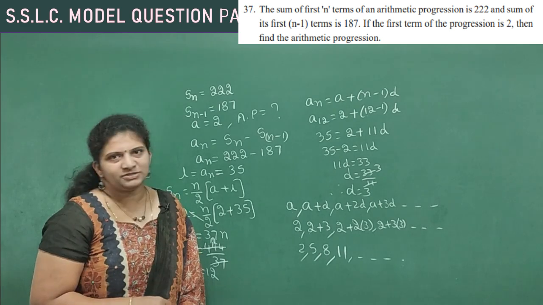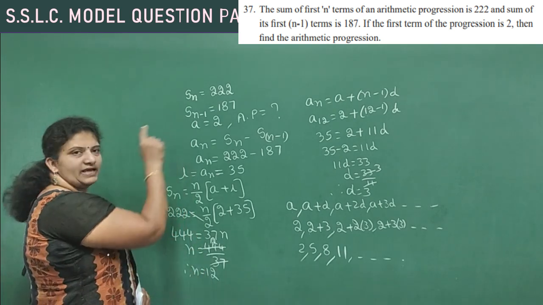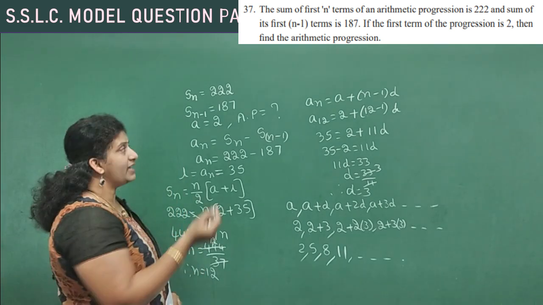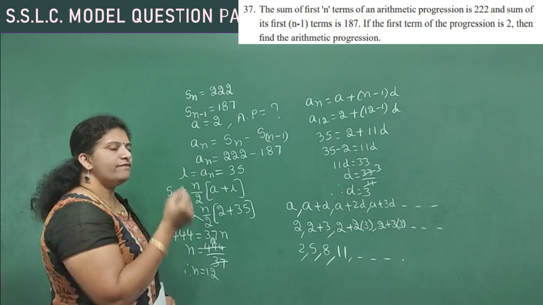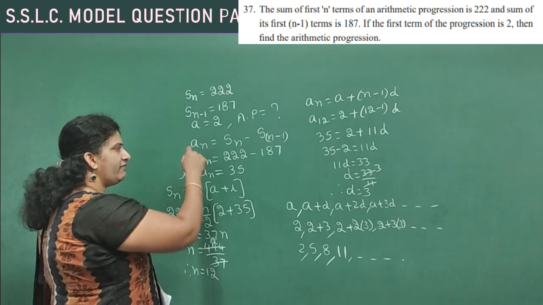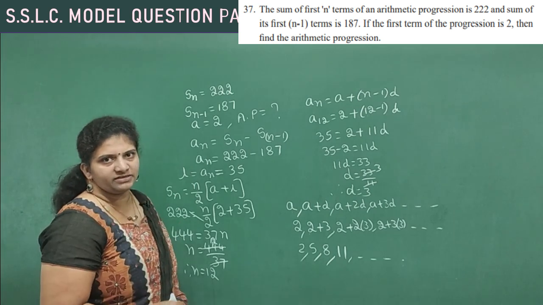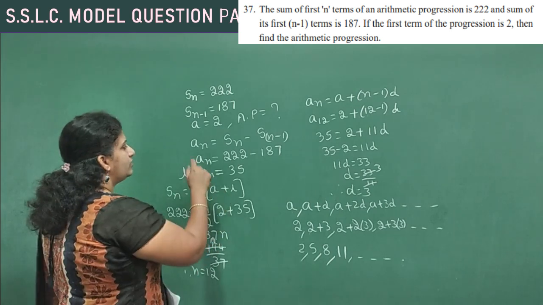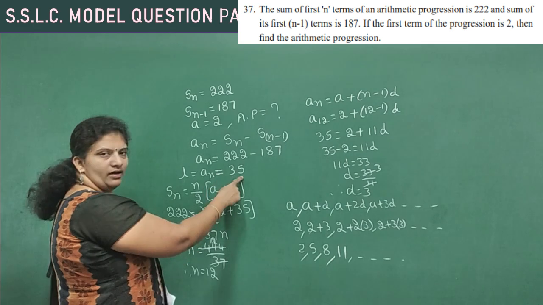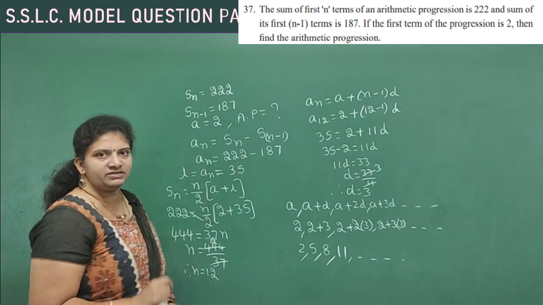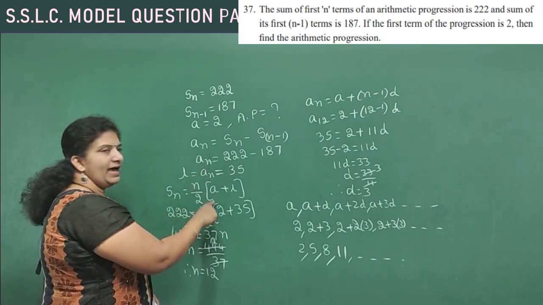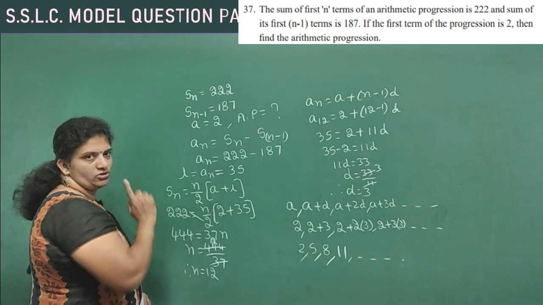So let me repeat this problem. Sn is given, S of n minus 1 given, first term given. So immediately we remember an is equal to Sn minus S of n minus 1. So substitute, you get the nth term or last term, that is 35. You know a and the last term and Sn also known.